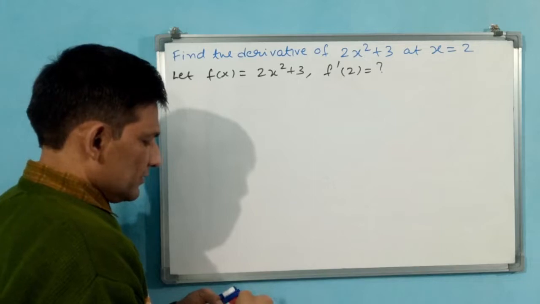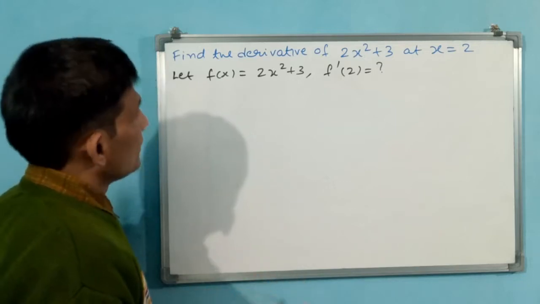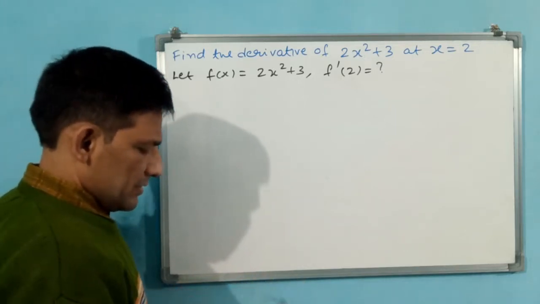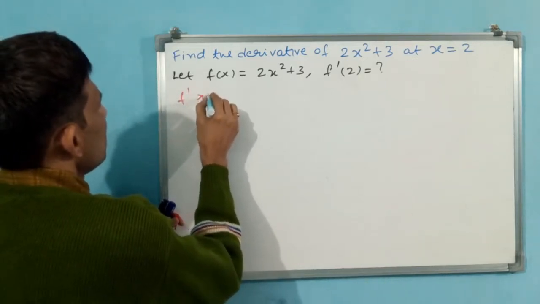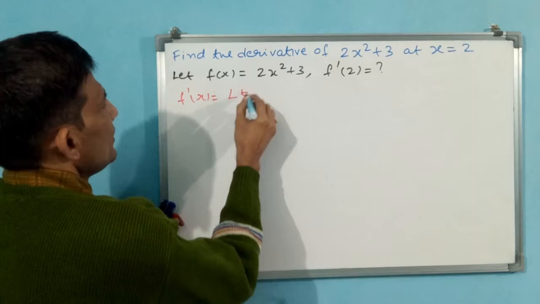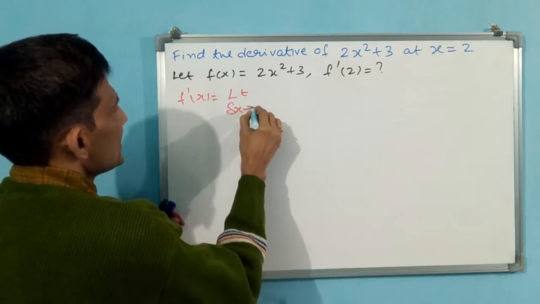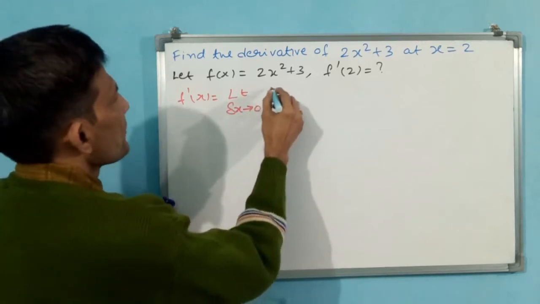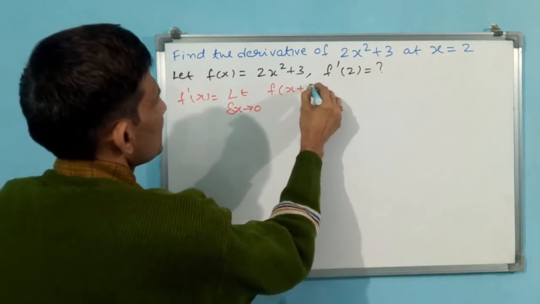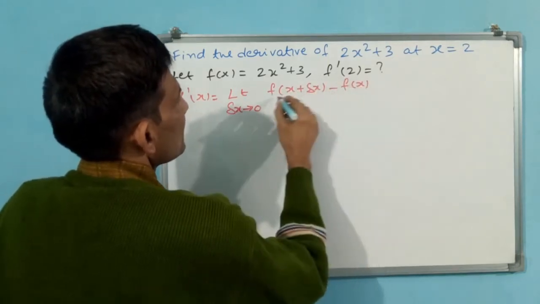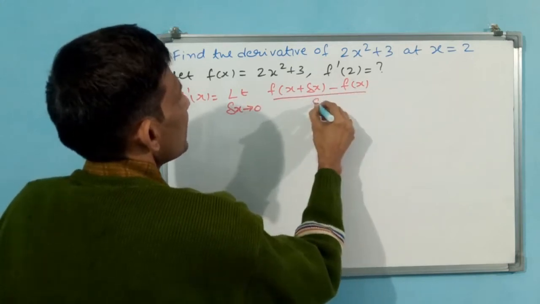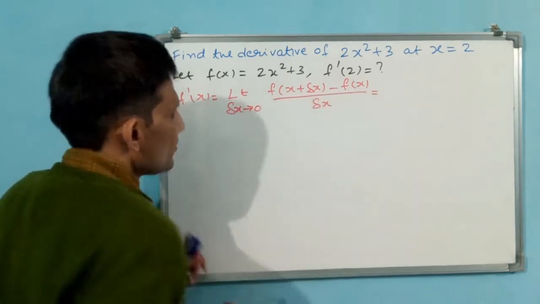You understand now? See what I am writing. f dash x is equal to limit delta x tends to 0, f of x plus delta x minus f of x, divided by delta x. Is it okay?